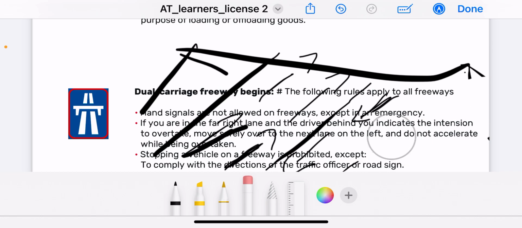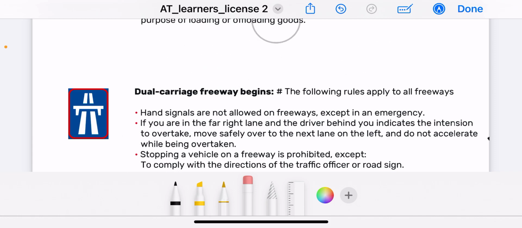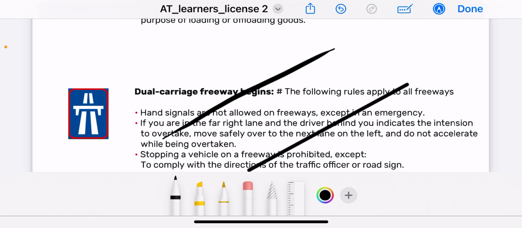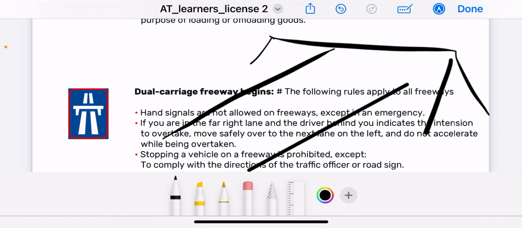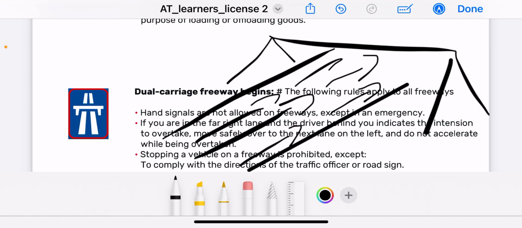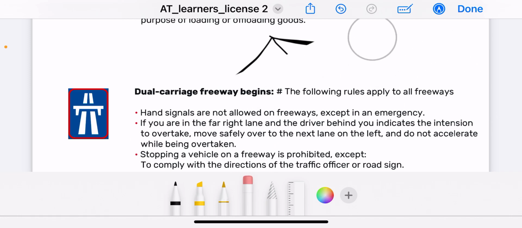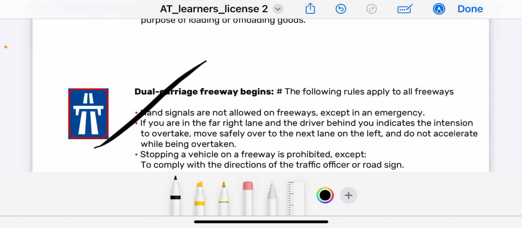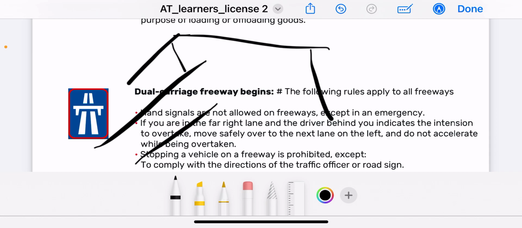Then you have the single carriage freeway. Traffic is going one direction, it might be 2 lanes or 3 lanes, but going there. So where do you normally see this? Have you noticed that sometimes you are driving on the road, you have a freeway here, but all the vehicles are going there.